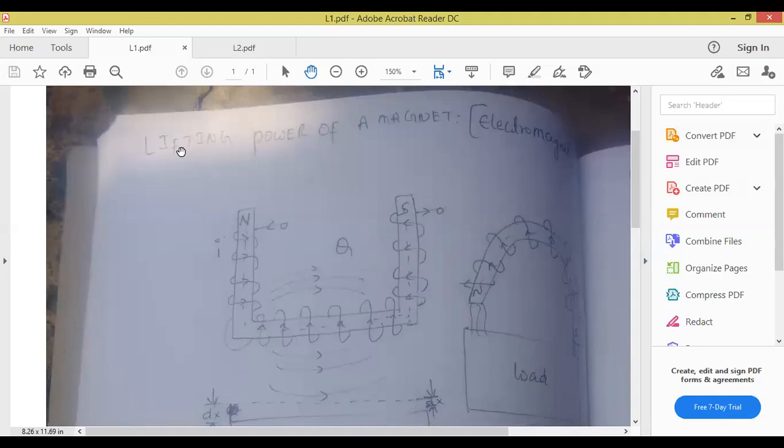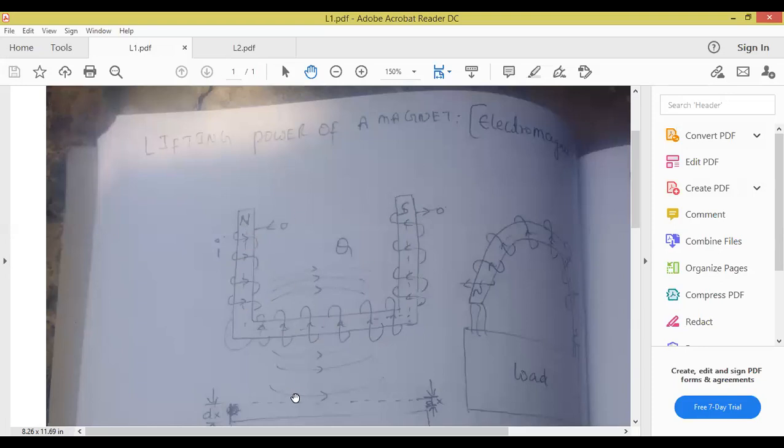Our topic is lifting power of a magnet, but the real name is lifting power of an electromagnet. We are not discussing the general small black color magnets, but electromagnets. The same diagram which I have shown you on the screen is the electromagnet, which has north and south pole.